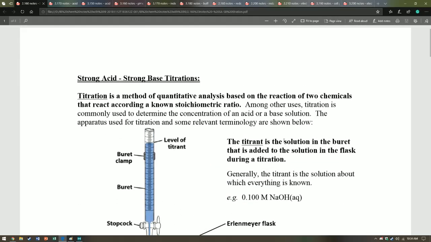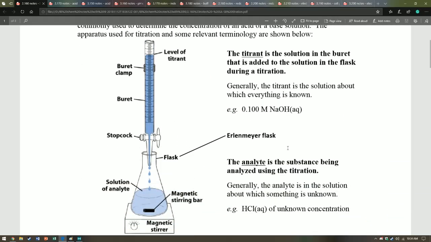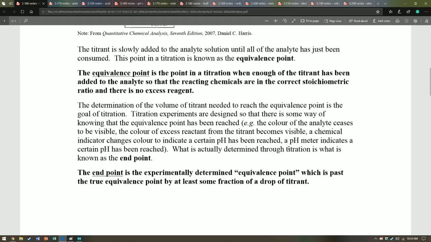So now that you actually have an idea of how this works, let's process some data. There are all sorts of variations on this method of titration.